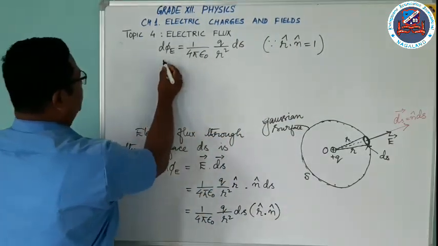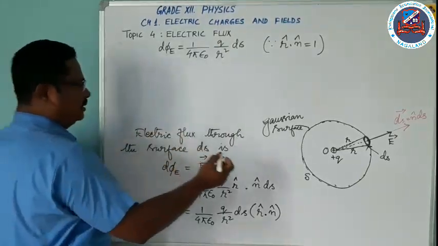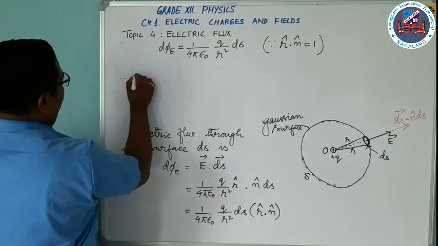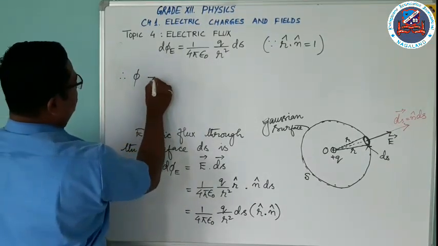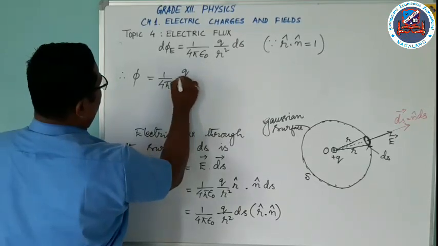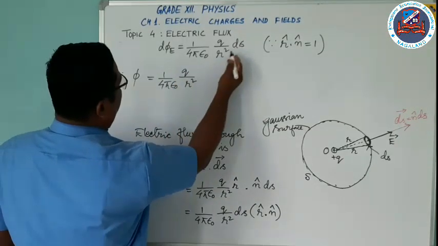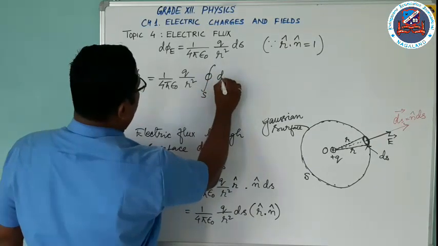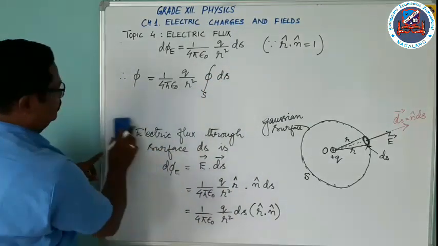Now for the total electric flux through the whole surface, we integrate: phi equals 1 by 4 pi epsilon naught Q divided by r square, integral over the closed surface ds.